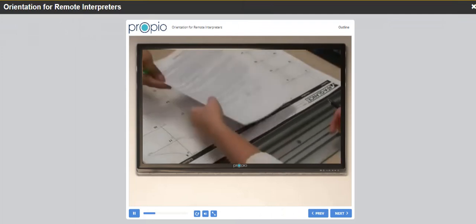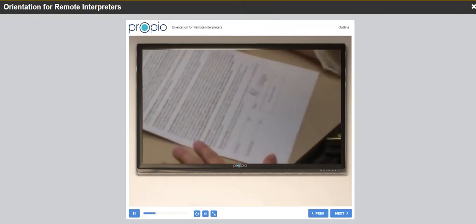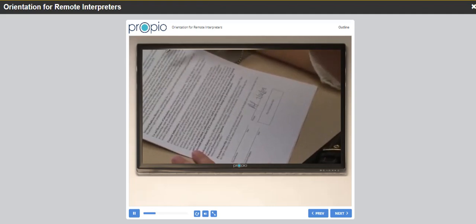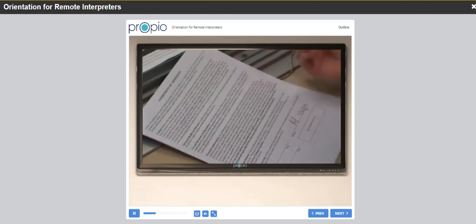A covered entity may not use or disclose protected health information except as the individual authorizes in writing or as the HIPAA privacy rule permits or requires.